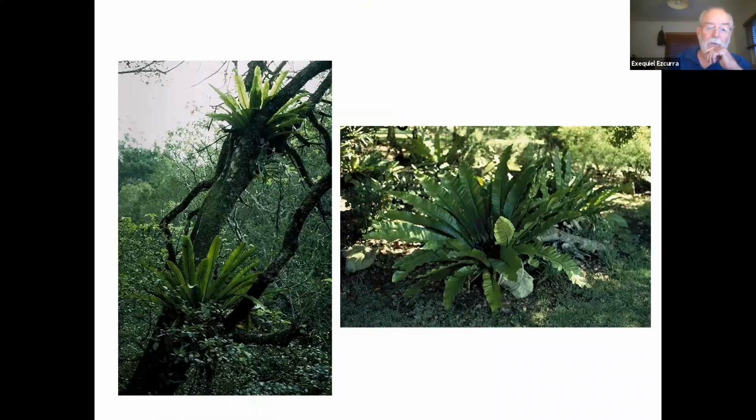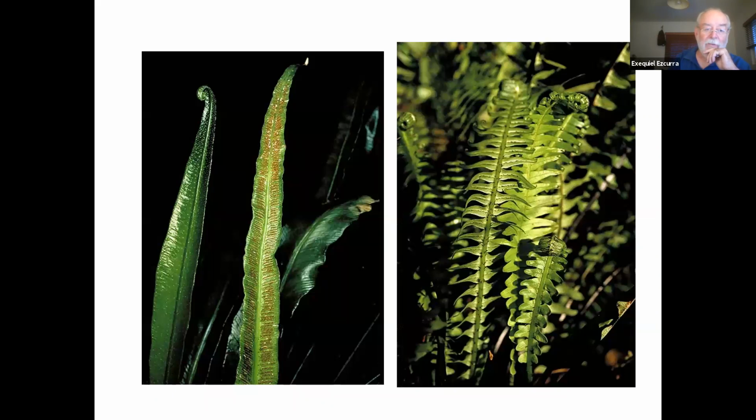Ferns are all over the world. There's this fern that is very common in the Caribbean. If you've ever been to any country in the Caribbean, you will see it. It's either epiphyte or also grows at ground level. The leaves can vary in ferns in a number of ways. Sometimes they're difficult to tell as ferns, but like gymnosperms, they never ever will show reticulate venation in the leaves.